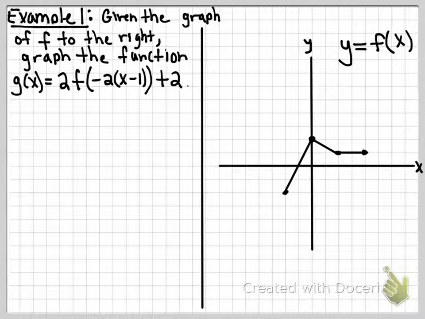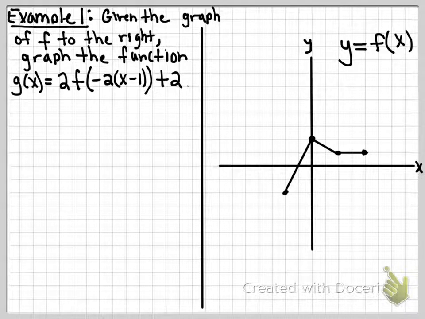Okay, so I believe that it's always a good idea when you're given the transformation of a function f to write down the corresponding a, b, c, and d. So for this example, something funny happened with my recording, but let me repeat the problem.